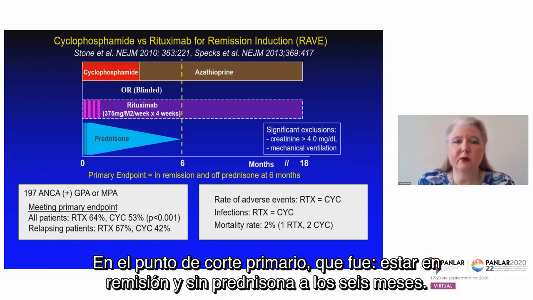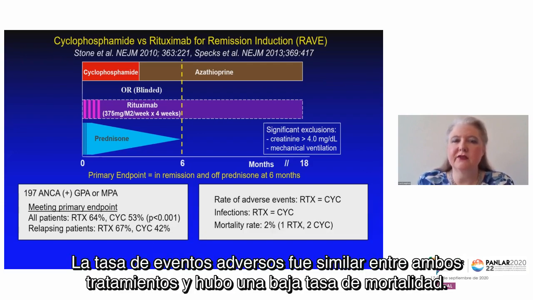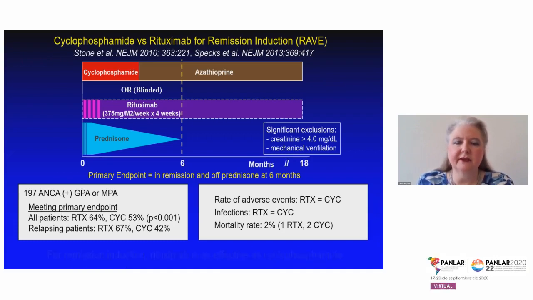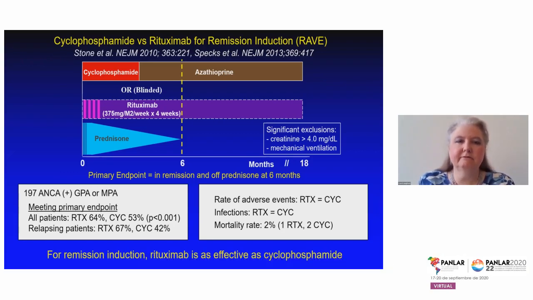At the primary endpoint, which was being in remission and off prednisone at 6 months, rituximab was found to be as effective as cyclophosphamide, and in those who were enrolled at the time of a relapse, rituximab appeared to be more effective. The rate of adverse events was similar between both treatments, and there was a low mortality rate. This supported there that rituximab was as effective as cyclophosphamide.